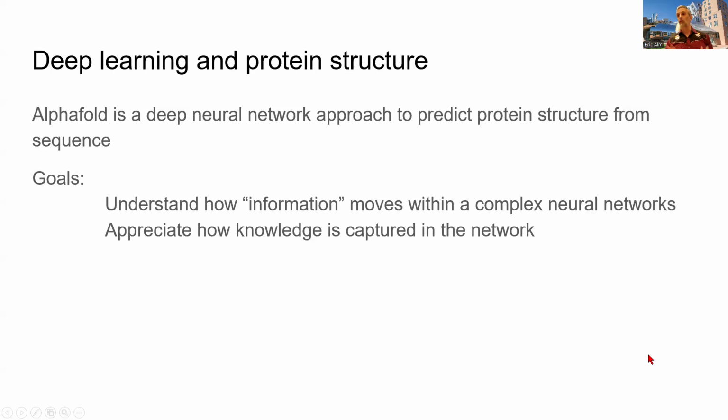All right. So now we've got a background on kind of the physics of protein structure. And I want to switch gears and get into the algorithms of protein structure. And I want to spend a lot of time today talking about AlphaFold, just because it's one of the most exciting achievements in the field. And AlphaFold is a deep neural network approach to predicting protein structure from sequence.